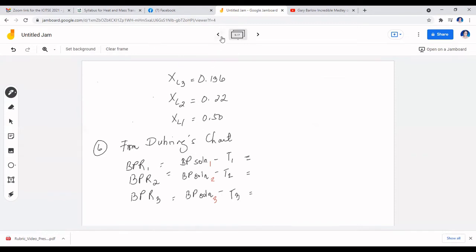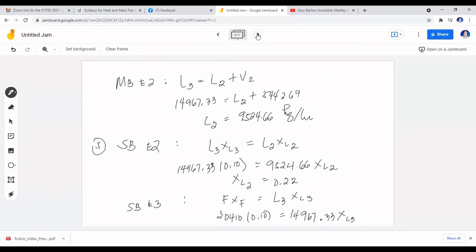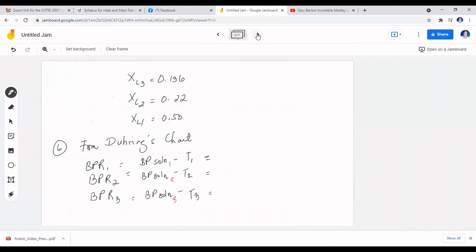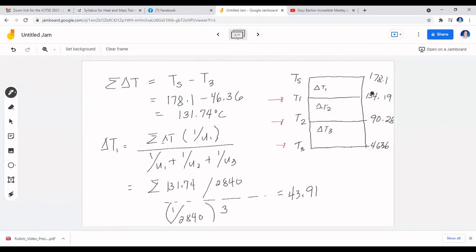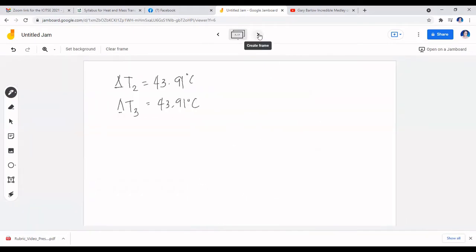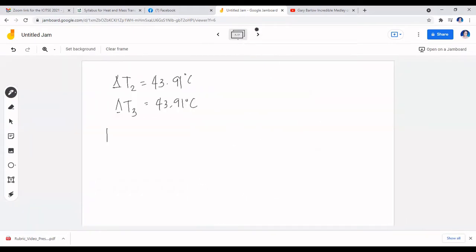So if you'll use this temperature now, I'll just place it in here, from Duhring's chart.